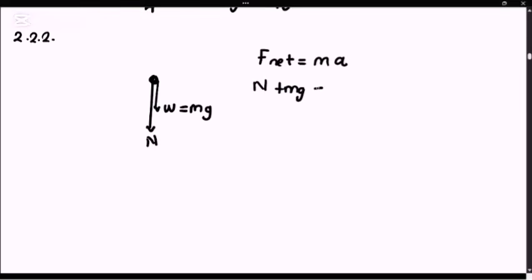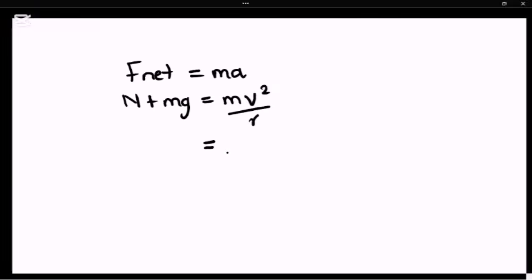Then after this, you write F net equal to ma. So the sum of your forces here will be your normal force plus your weight, which is mg, which will be equal to your ma. And you know that acceleration is given by v squared all over r. But you remember that you calculated v to be equal to the square root of 3rg. So you will substitute that instead of v.